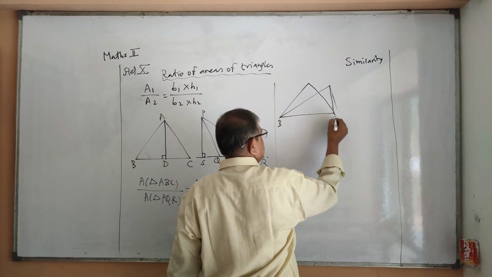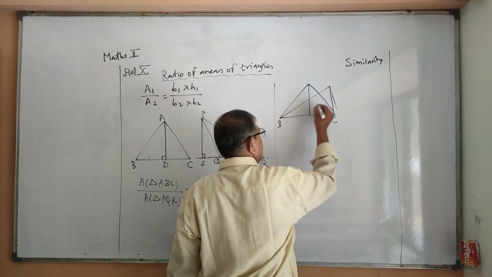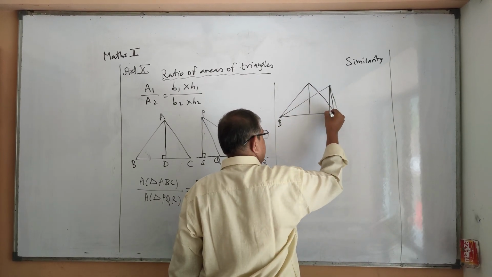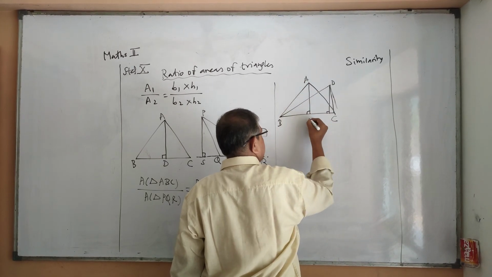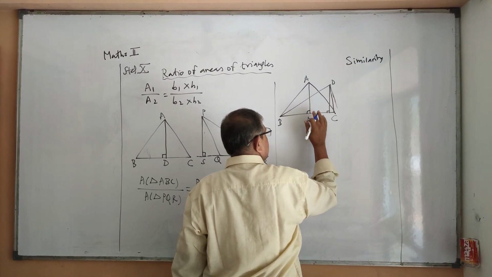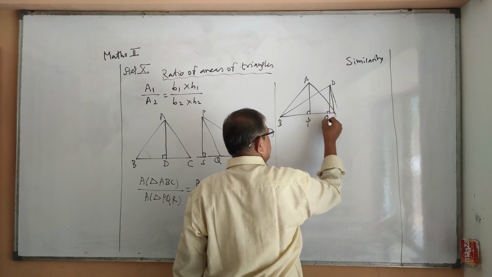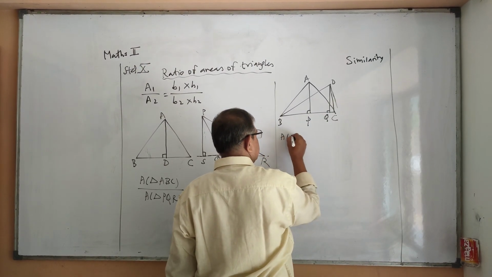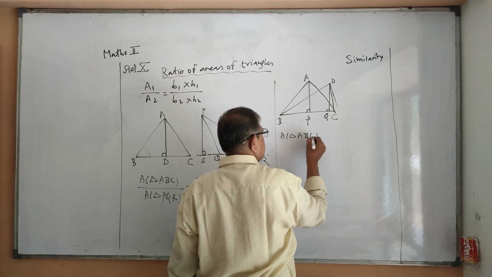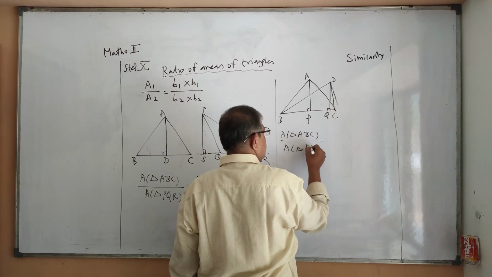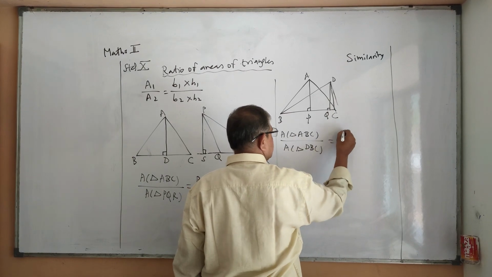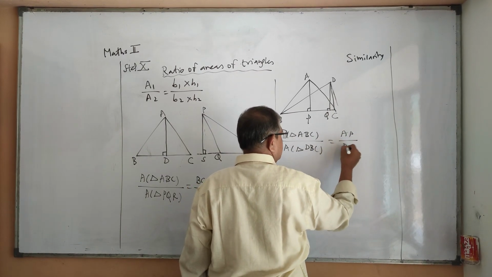BC is a common base, so obviously the ratio will be proportional to their heights, AP and DQ. And so in this case I can say area of triangle ABC upon area of triangle DBC is equal to AP upon DQ.